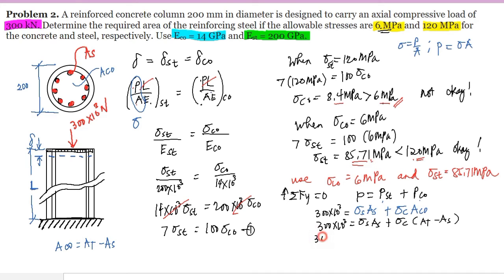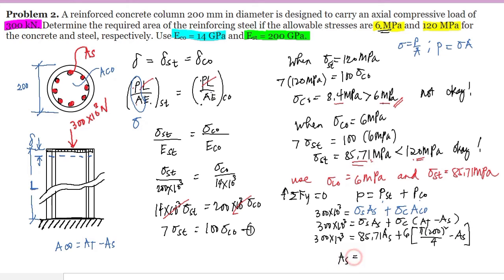So we have here 300 times 10 to the 3 is equal to the stress in steel, which is 85.71 MPa, multiplied by the area of the steel. Since what we are computing here is the area of the steel, we have area of the steel plus the stress in concrete, that is 6 MPa, multiplied by the area total. The area total is just the area of the circle, so that's pi times 200 squared over 4, minus area of steel.